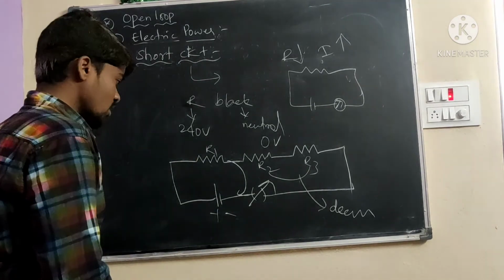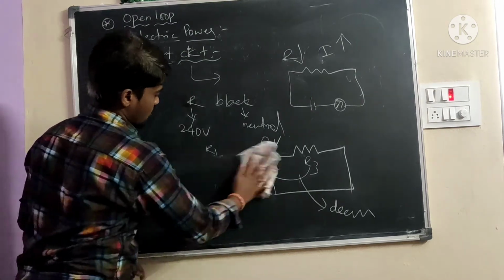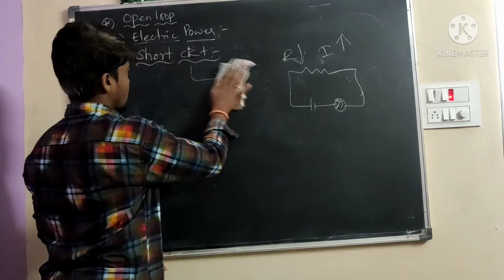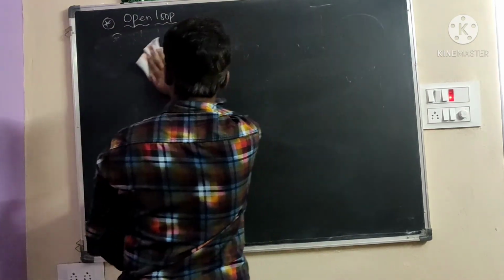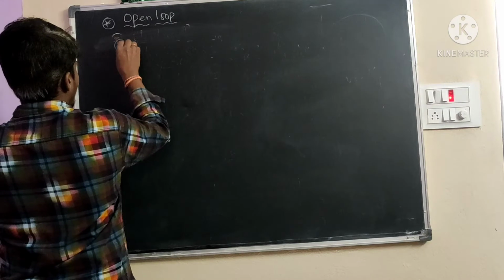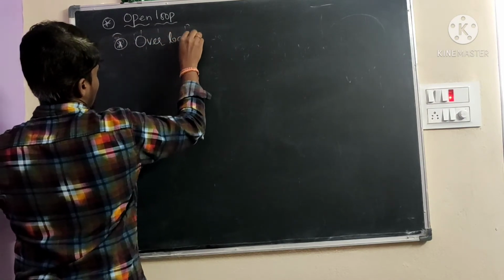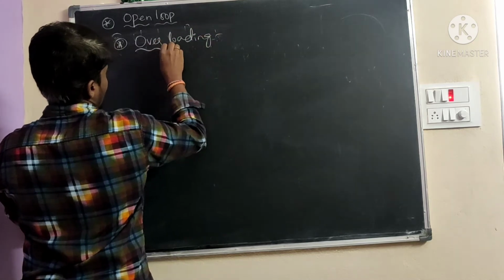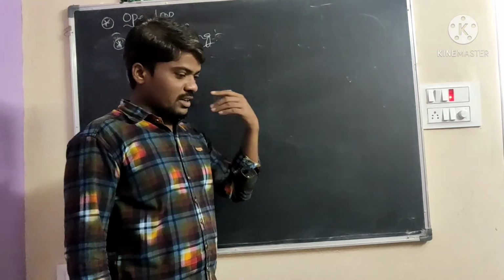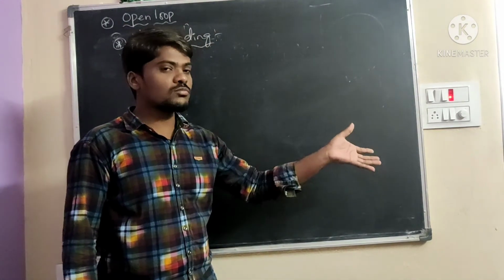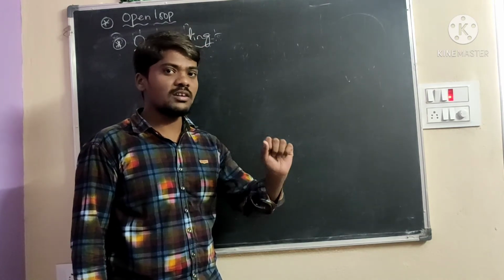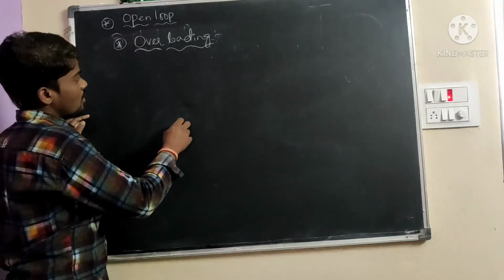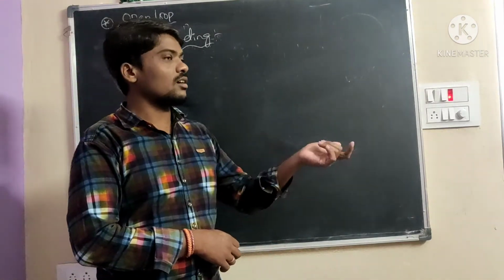Next one is overloading. For example, in any home, factory or organization, there is a particular current value. In a household, the certain value is 20 amps.